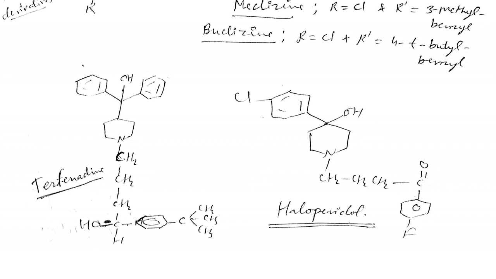So it's terfenadine. It's a cyclic compound, but it shows some side effects, especially teratogenic side effects, so it is not used nowadays; it is omitted. Clinically, terfenadine is not now in use.